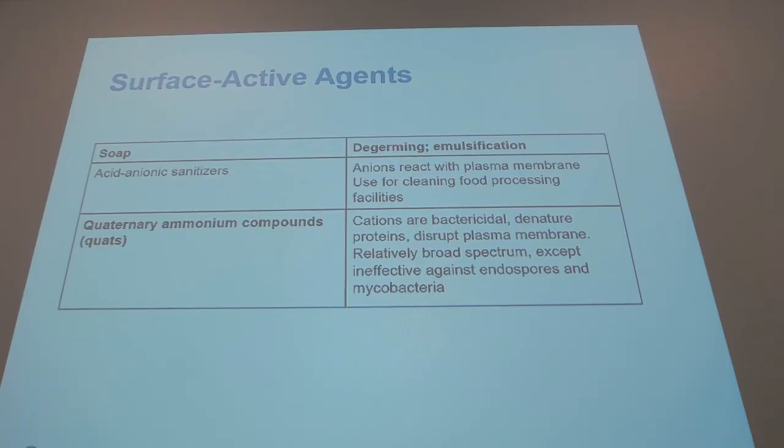Quaternary ammonium compounds have a positive charge. The cations are bactericidal, denaturing proteins and disrupting the plasma membrane, and they're relatively broad spectrum, except they're not effective against endospores and mycobacteria. And there is a reason for this.